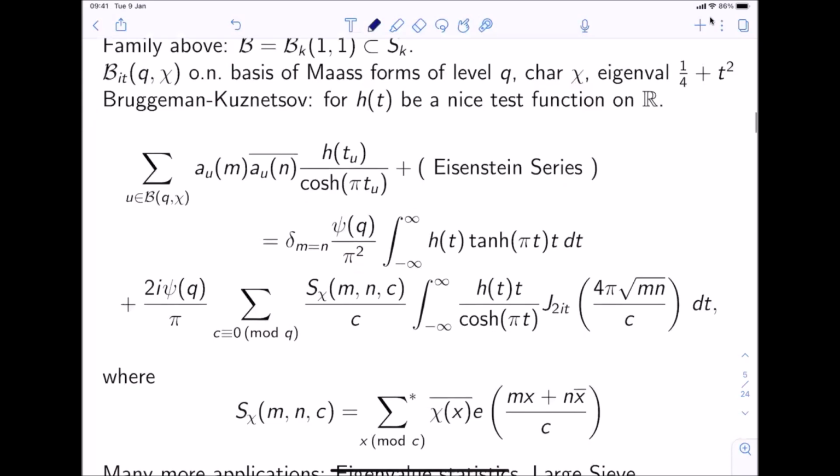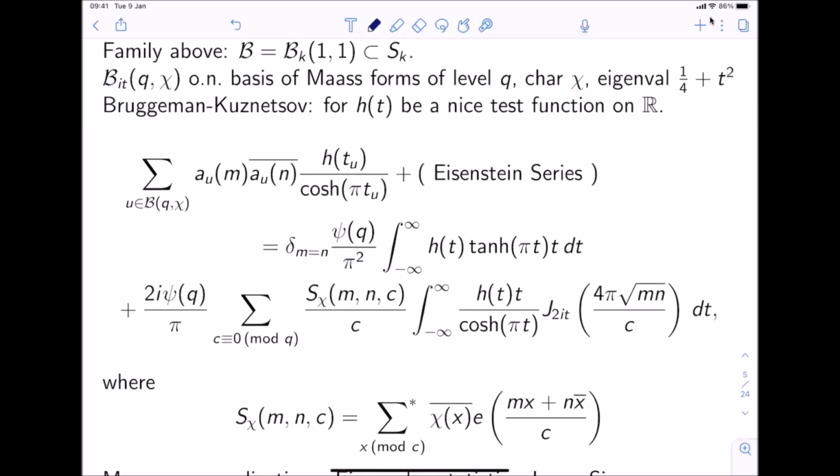Okay, so here I've just written the classical Bruggeman-Kuznetsov formula now, which is the counterpart for Maass forms of the Petersson formula. Okay, so again, I have a product of two Fourier coefficients attached to Maass forms u.